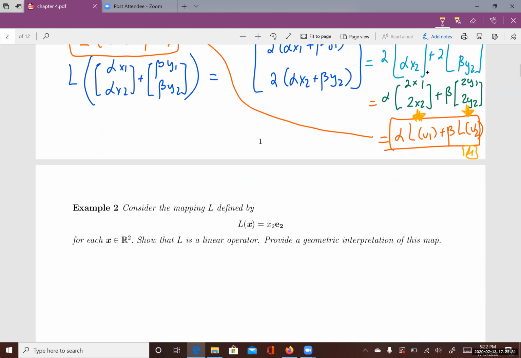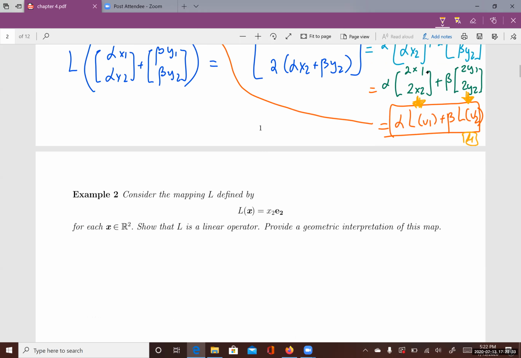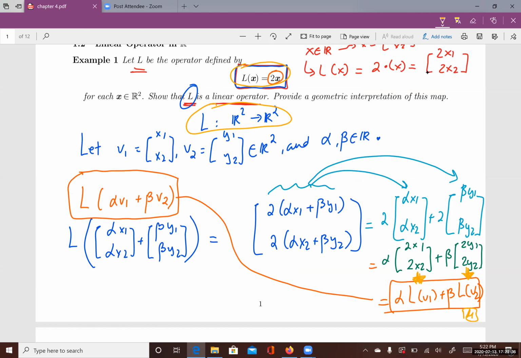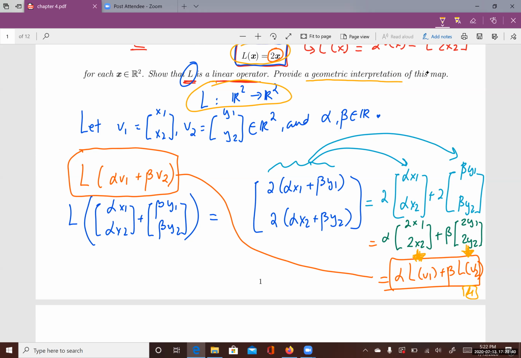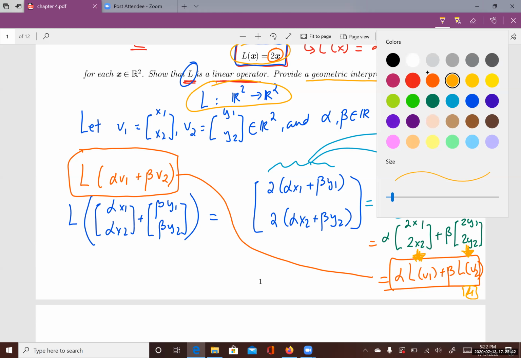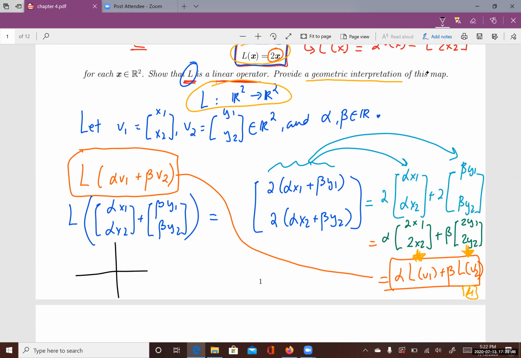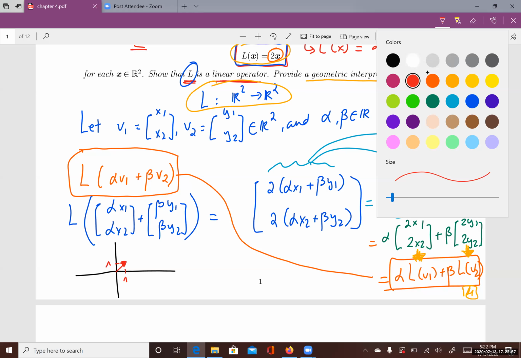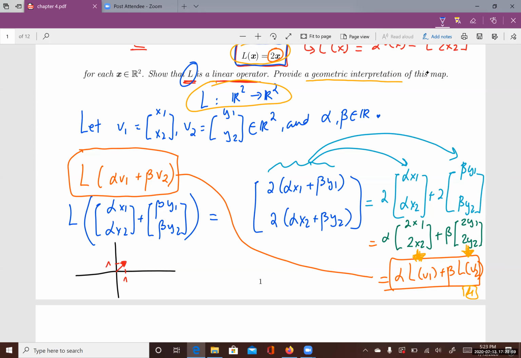All right, now the next thing is we want to provide a geometric interpretation for this map. What does it do? If you have a vector in R2, let's say this is R2, and I have a vector here, 1, 1, then when I apply the map L onto this vector, I will get 2, 2.